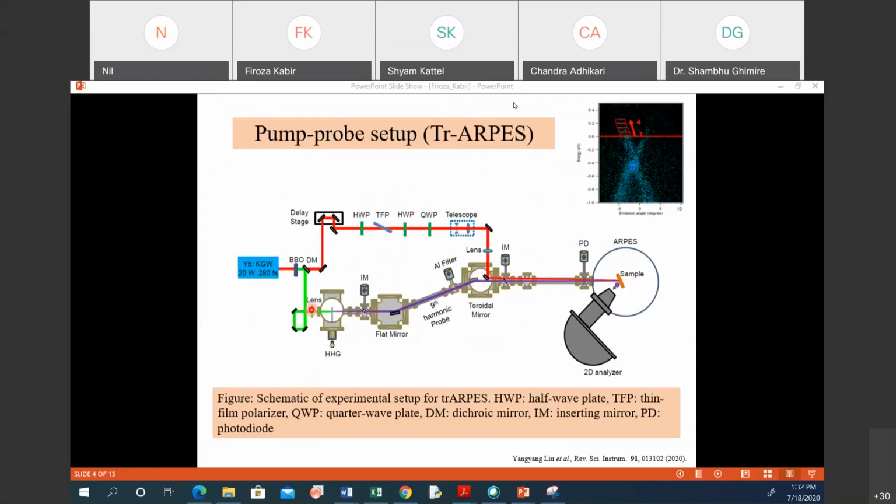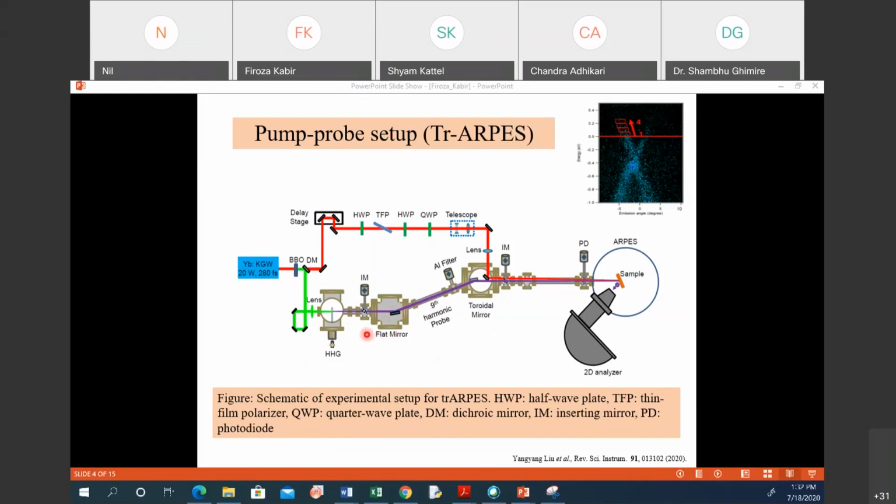Since a conventional ARPES system has some limitations, like it can measure only the occupied electronic states below the Fermi level, if you want to find the fascinating features of a material in the unoccupied or non-equilibrium states, you need time-resolved ARPES. This is the experimental setup of our time-resolved ARPES at UCF.